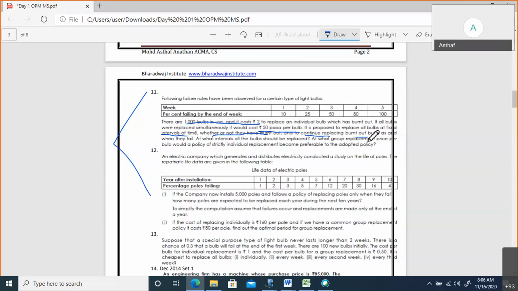That means individual failures you will replace, and at a fixed interval, whether burned or not, you will replace everything. So at what interval should all the bulbs be replaced? At what group replacement price per bulb?